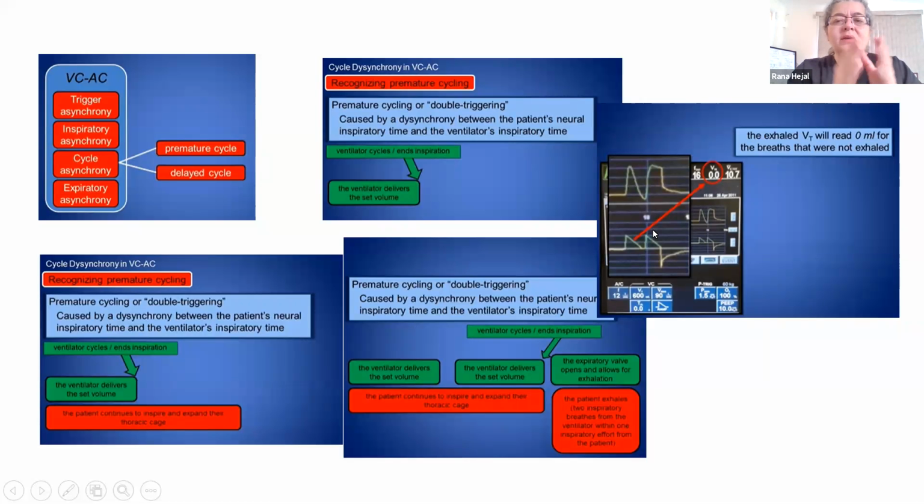So in reality, while you think you have put somebody on a low tidal volume to protect their lungs, every breath he's getting double, which is very similar to the control group if you were in a study. And those tend to be dangerous. And that is one hint that somebody is going to go into auto-PEEP that you have to pay attention to.